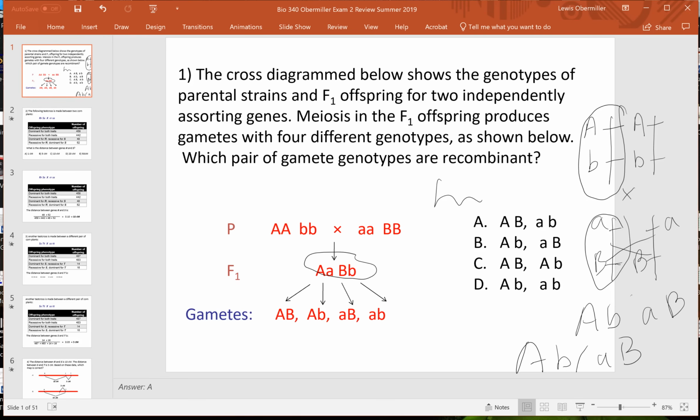So the gametes from this offspring would be big A, little b, little a, big B, which would be the parental ones, right?